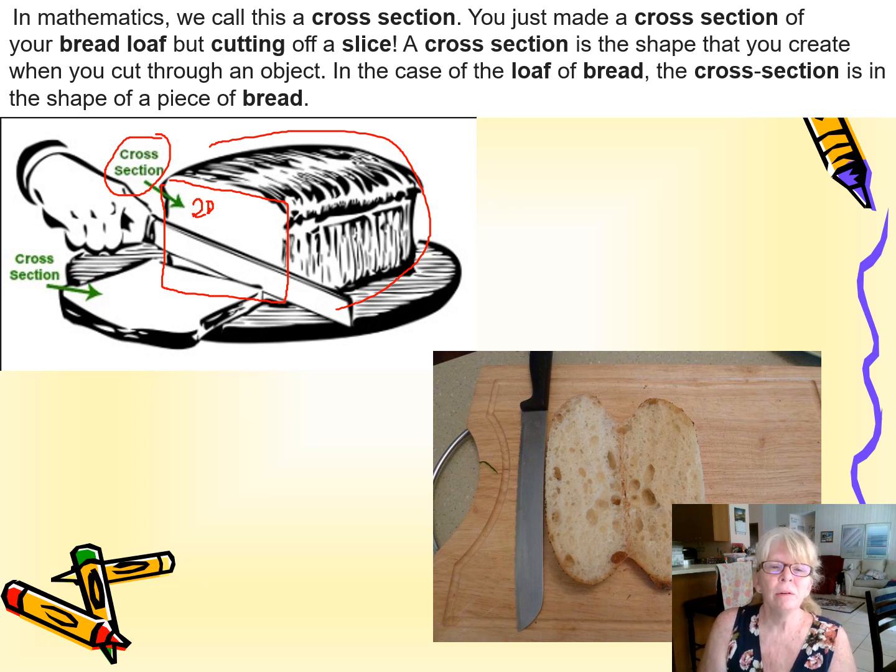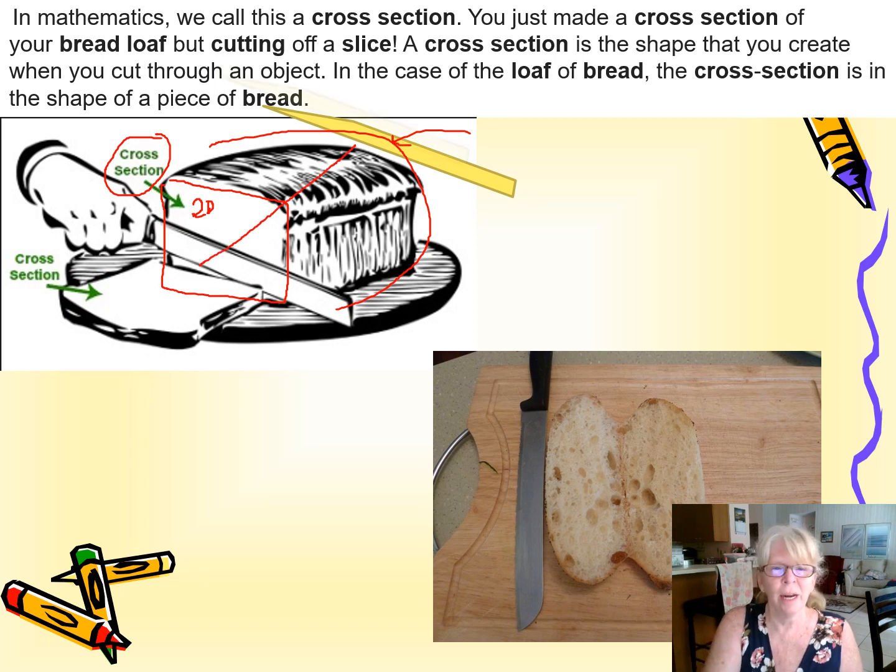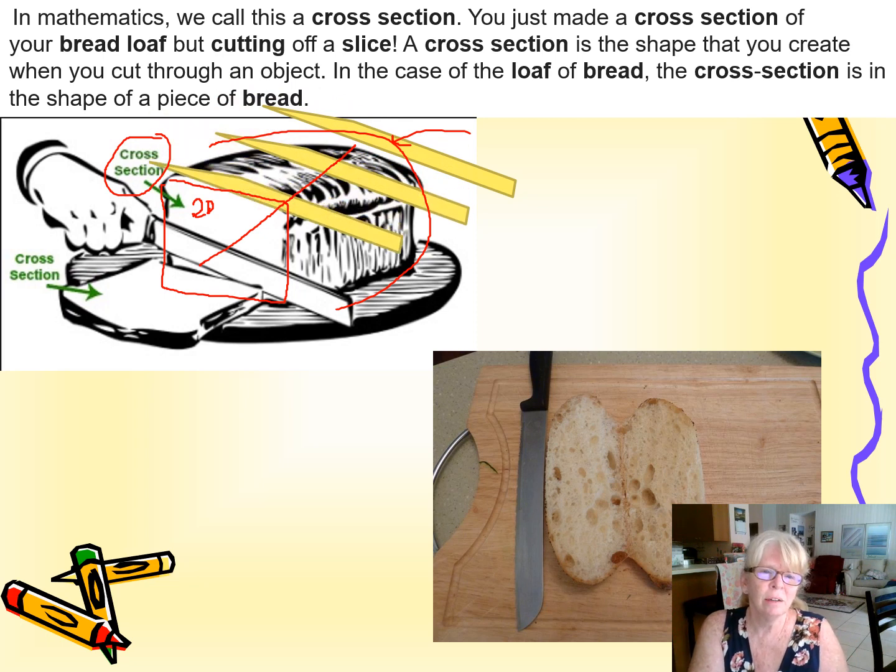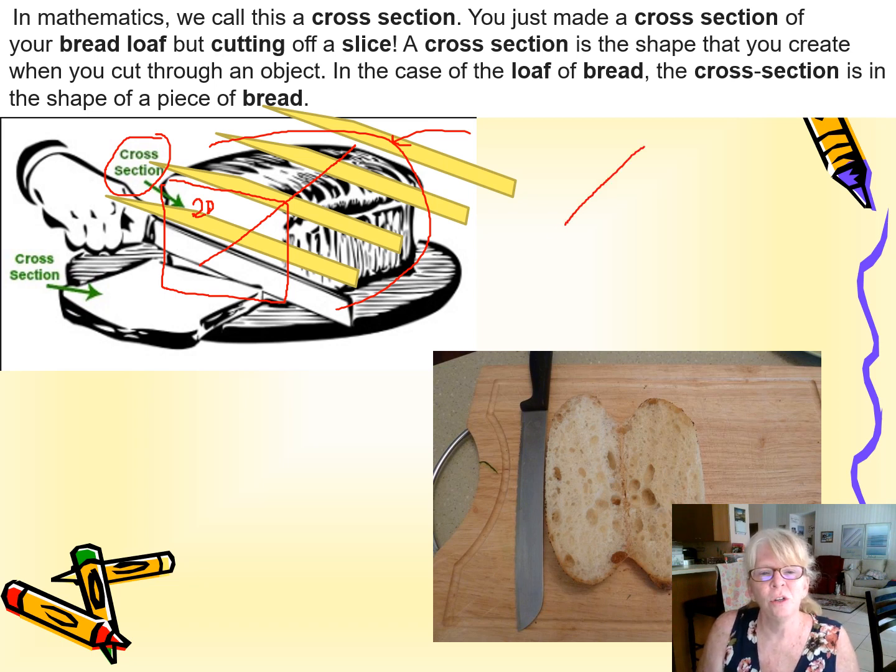Okay, but there are also other ways to cut it. If I cut my bread, and this is hard for me to try, I would have demonstrated it in class, but this is kind of hard. So if I started up here and I cut through it this way, then what you would have is a piece like this.